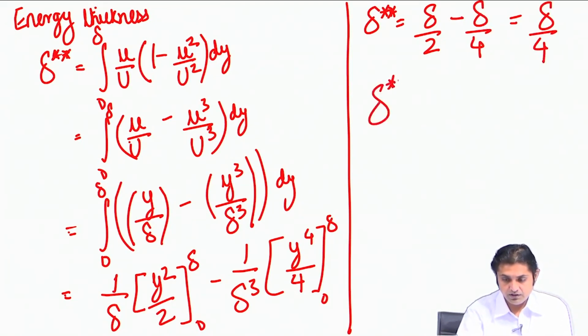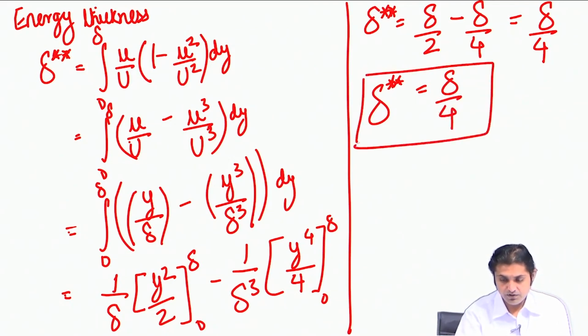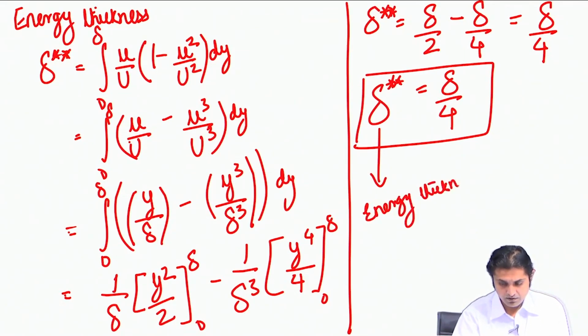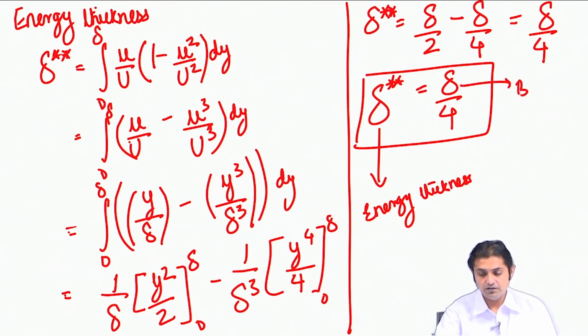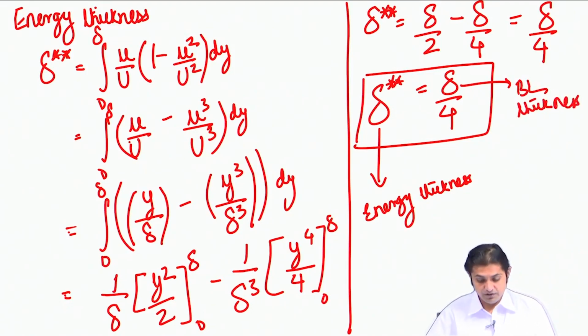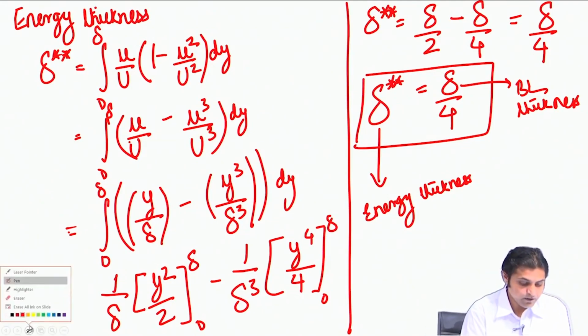So, the energy thickness is delta by 4, where delta is the boundary layer thickness. This is one of the simplest problems in the boundary layer analysis, so you have to attack all the problems like this.